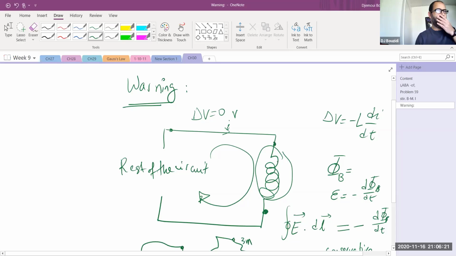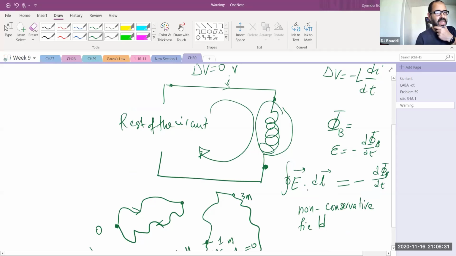So the argument is the following, okay, to circumvent this issue. At any point, there is this non-conservative electric field in here, which gives you this EMF, which gives you this voltage drop. Okay, the charges will move in such a way that they will counterbalance this non-conservative electric field with an equivalent one that is actually conservative.